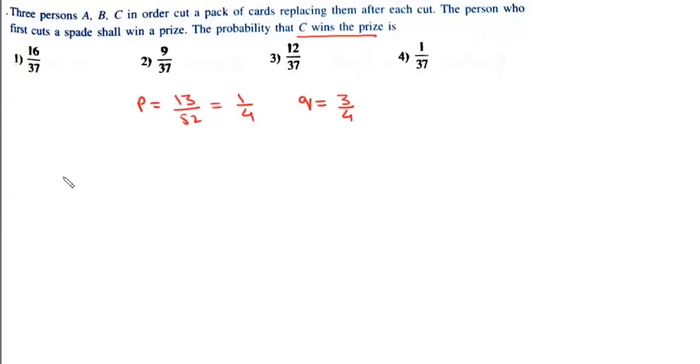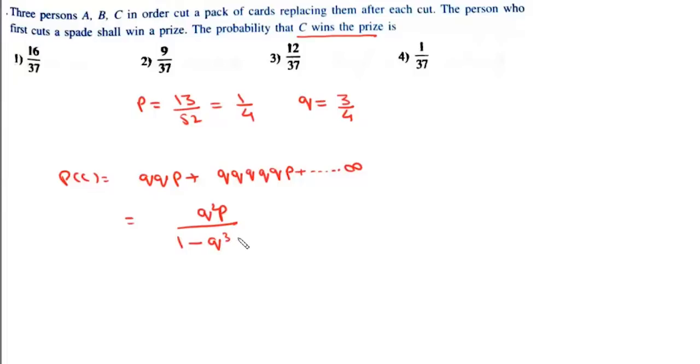Now C is going to win if A doesn't win, B doesn't win, and then C wins, or A doesn't win, B doesn't win, C doesn't win, again A doesn't win, again B doesn't win, then C wins in the next trial, and this sequence will continue up to infinite. Now it is nothing but a GP. So this probability will be Q square P upon 1 minus Q cube.